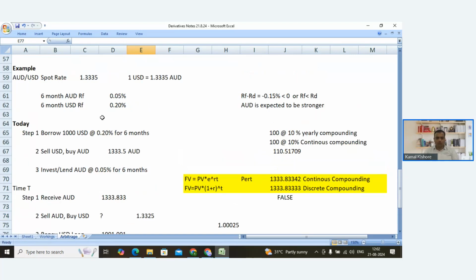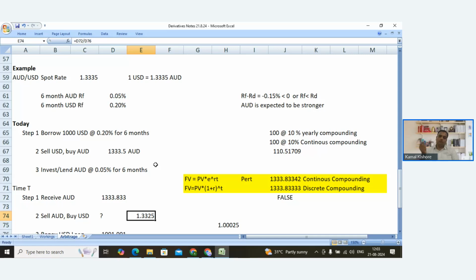Okay. Now 1.335 has become 1.3325, right? So AUD has appreciated or USD has appreciated? AUD has appreciated. Why? We need fewer AUD to buy, right?